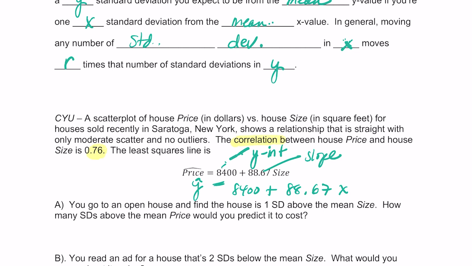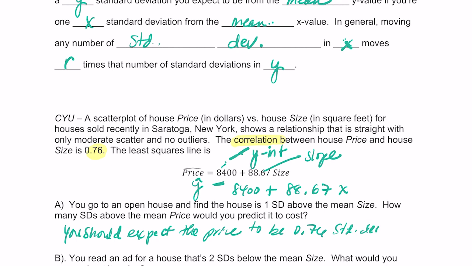So you should expect the price to be 0.76 standard deviations above the mean, because in general, moving any number of standard deviations in size would move 0.76 standard deviations in price.